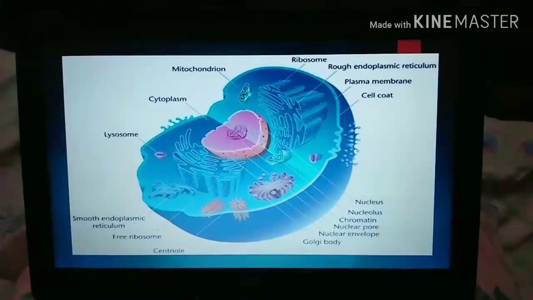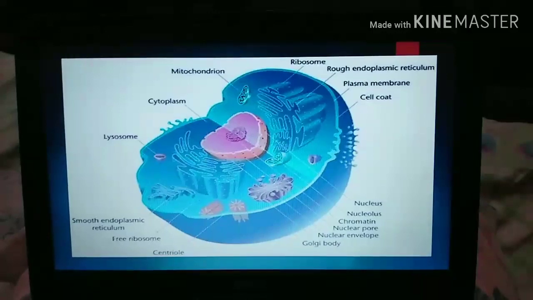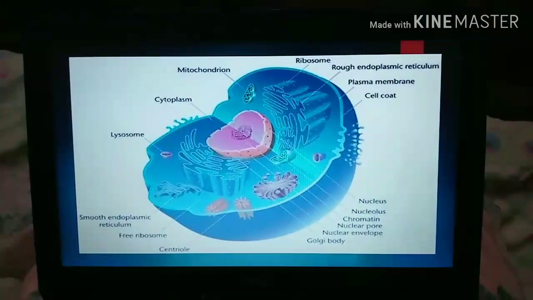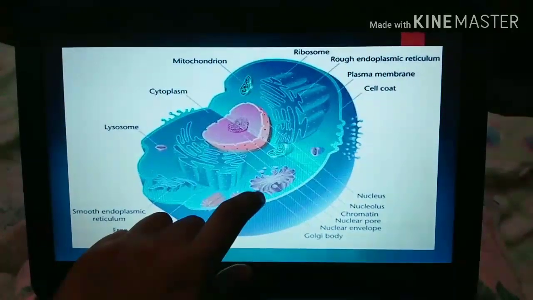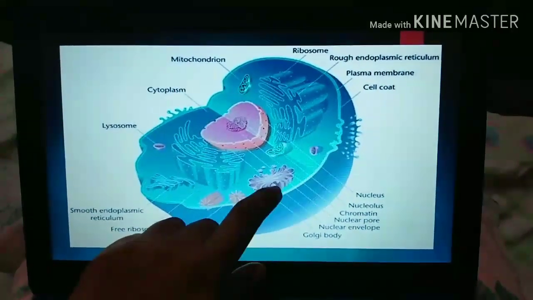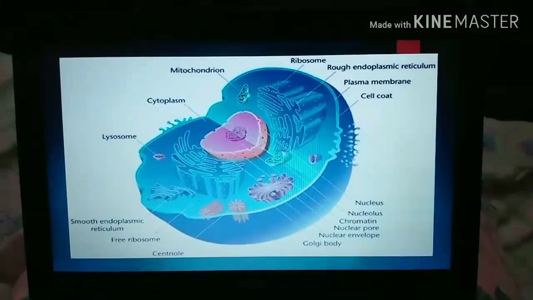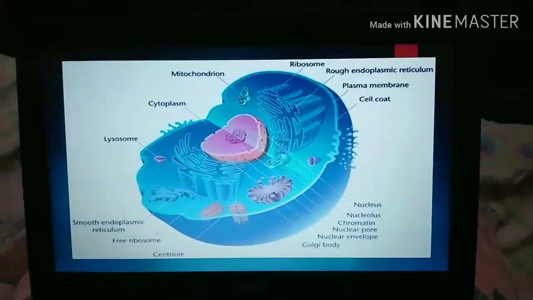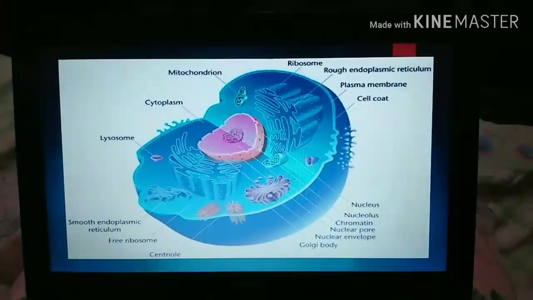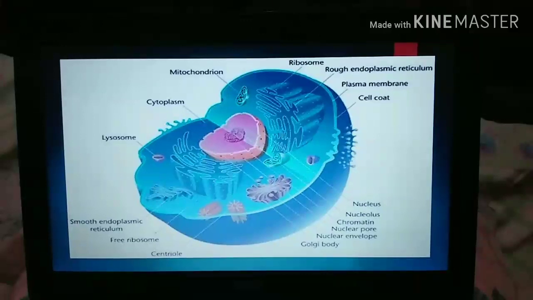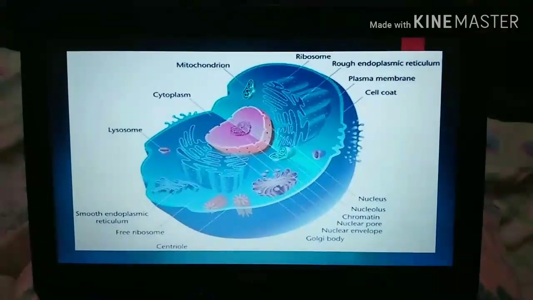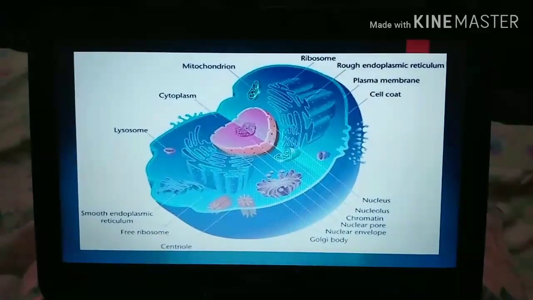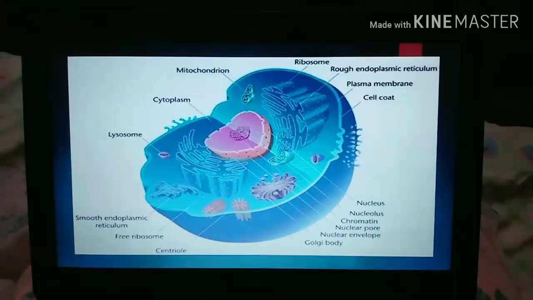The Golgi apparatus is also called the Golgi body. So this is the Golgi body. It is sometimes called the packaging plant of the cell. It takes proteins newly produced in the endoplasmic reticulum and packages them so they can function properly.